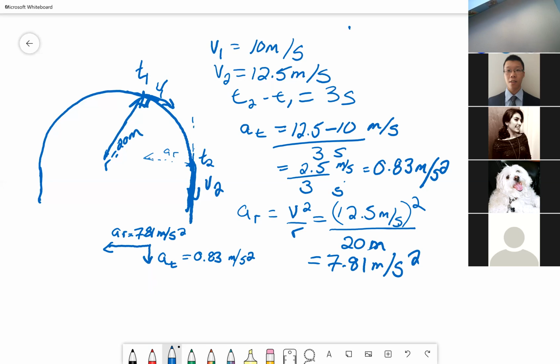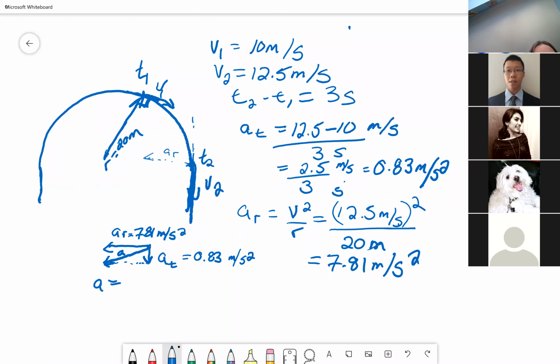So if you add those 2 together, I'm going to start at the bottom of one, end at the tip of the other. So that is your total right there. That's your total acceleration because you've got 2 components that are 90 degrees from each other. You combine them using Pythagorean.